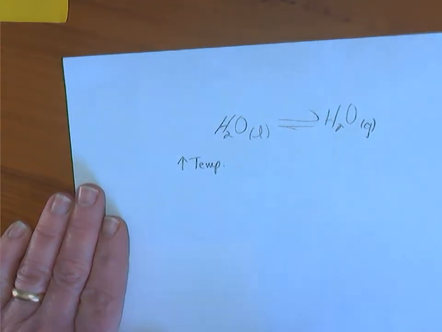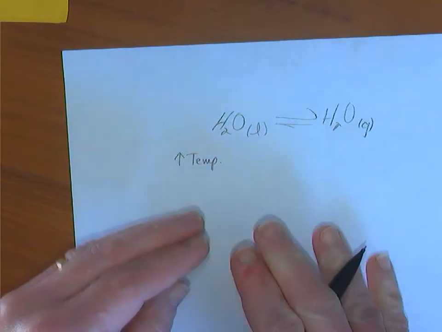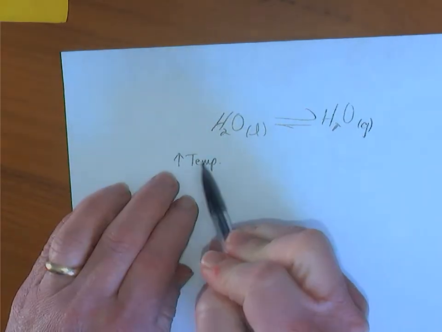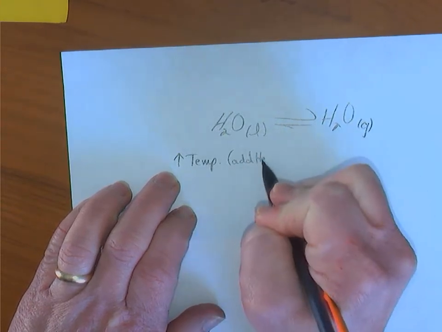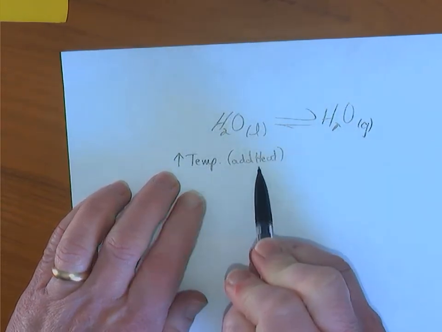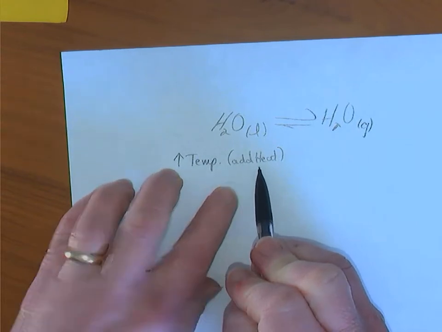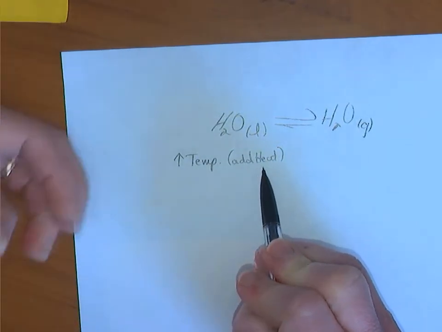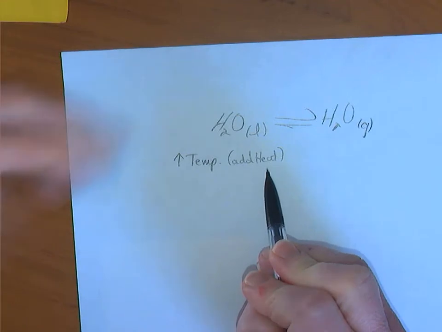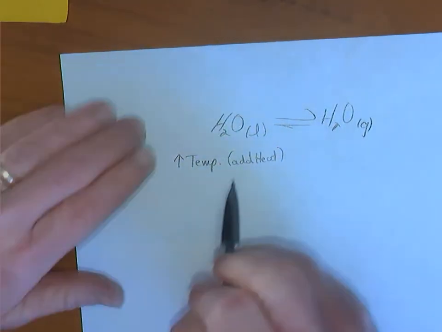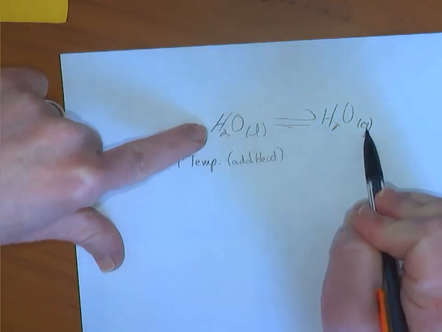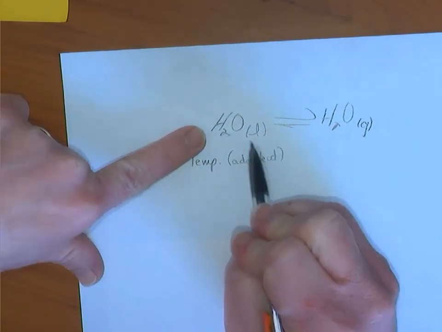All right. Well, the way that we have to approach this then, okay, if we are increasing temperature, we're adding heat. So in what direction will heat push that side? Or what side needs heat? Well, for liquid to become gas, we know we have to add heat.